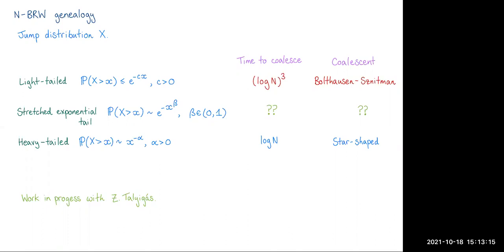So one is that the branching Brownian motion results you indicated are analogous to the light-tailed setup in the branching random walk. So what would be analogous for heavy-tailed? Is there some Lévy process or something?